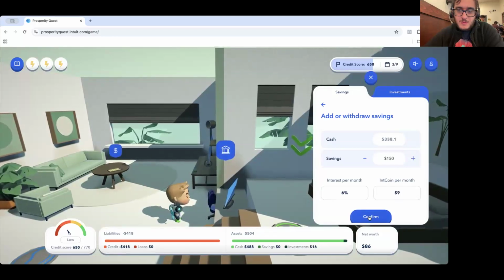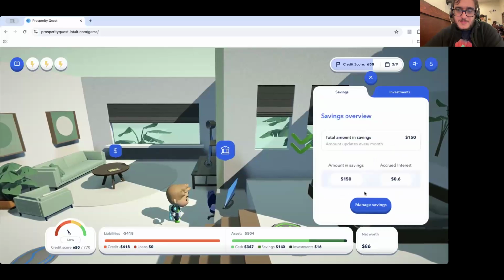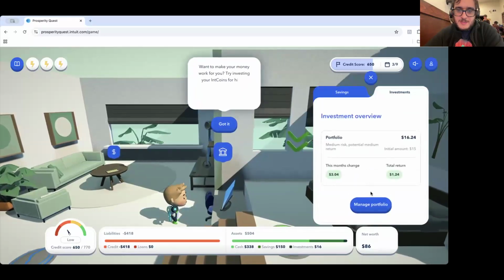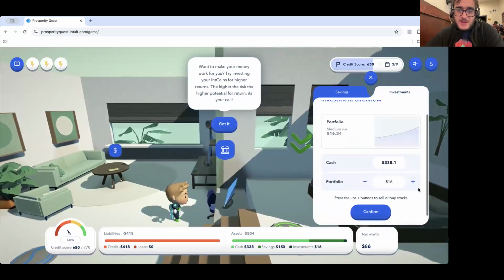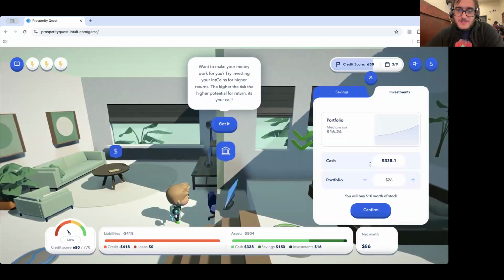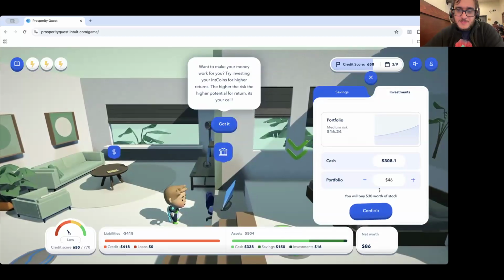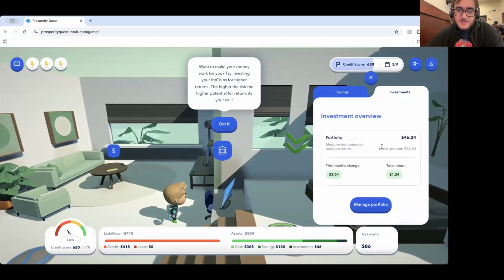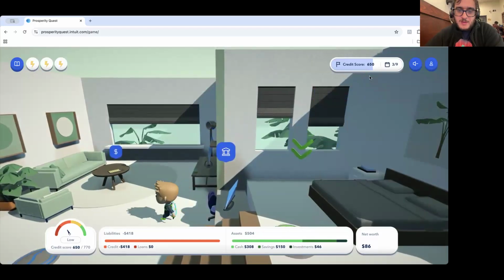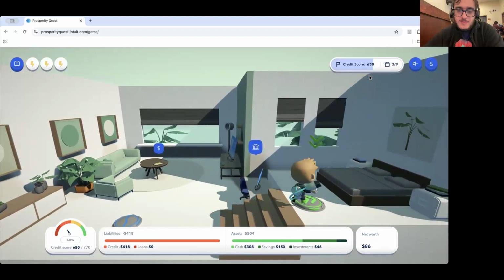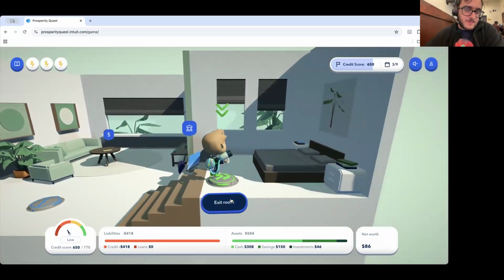To $150 in savings. And then investments. Okay, it's telling me to do higher returns. Okay, great. Exit room.